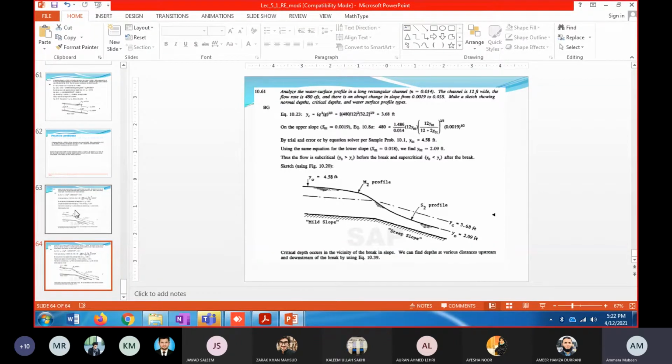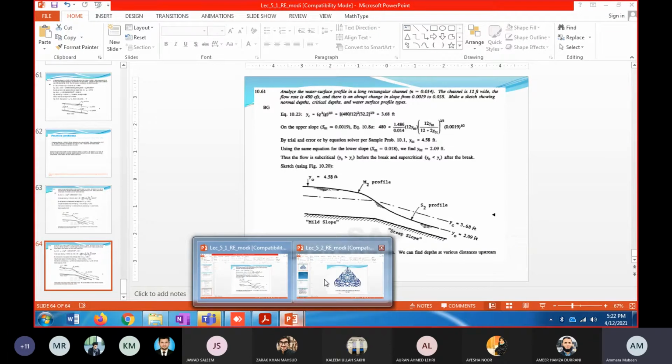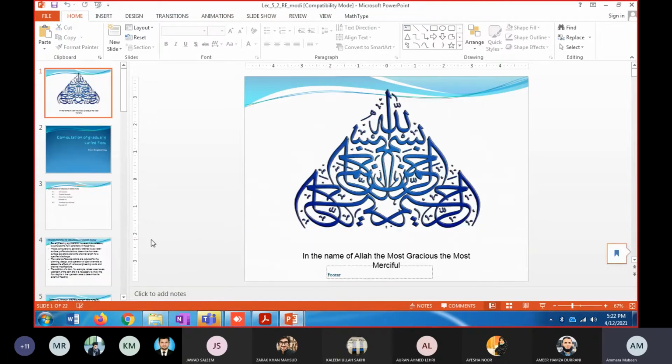Okay. Let's check how to compute the water surface depth, and we'll be consulting the sixth chapter of Open Channel Flow by Mohammed Hanif Chaudhry to discuss some of the methods which are used to compute the depths of the water surface.